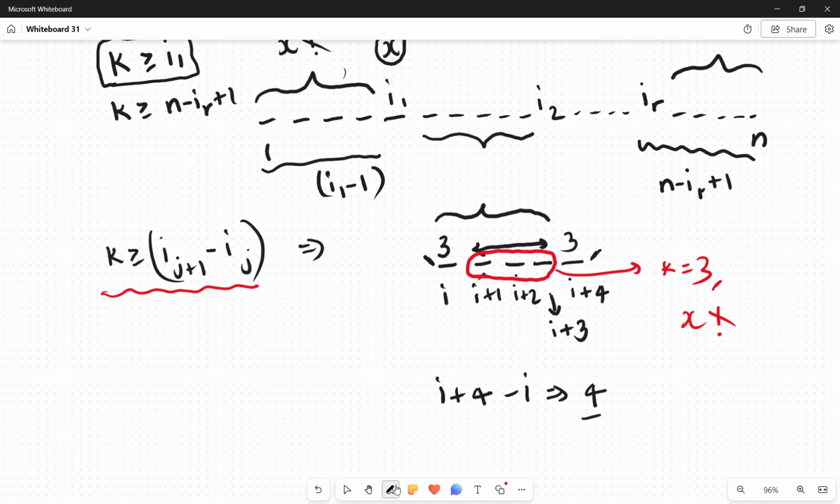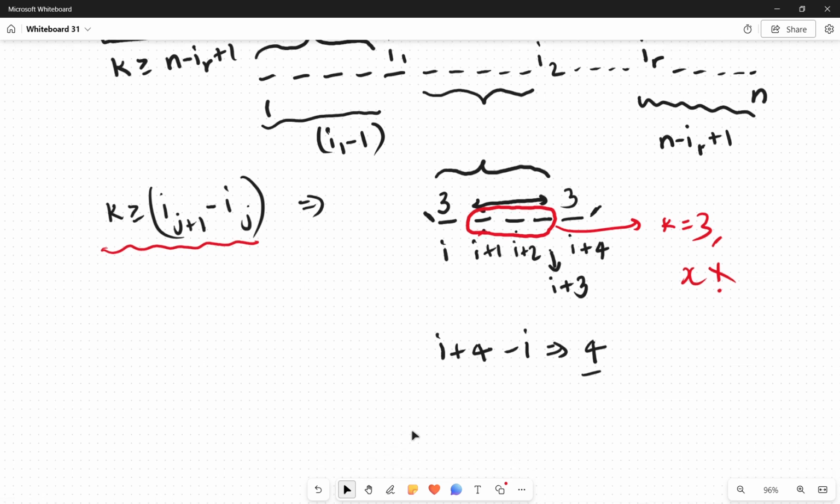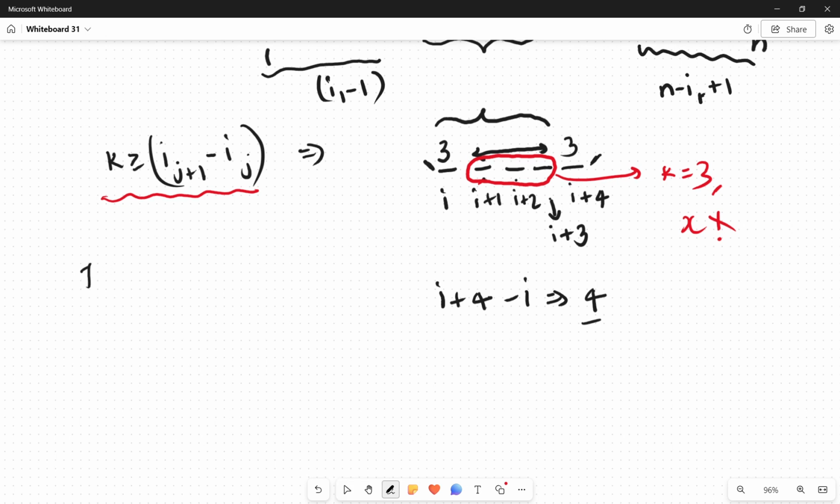So basically this is the idea. And for every element x, I can find k, right?